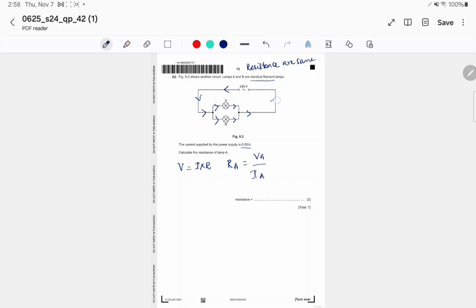But if it is current, when it's coming here, 0.5 coming to this point, it splits into two parts because it is parallel. So 0.5 is divided equally into 2, so it is 0.25. Therefore 240 divided by 0.25 is equal to 960 ohms.